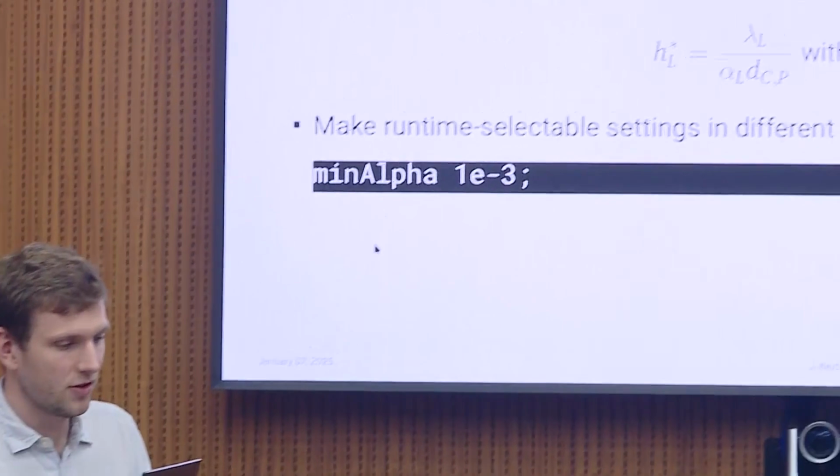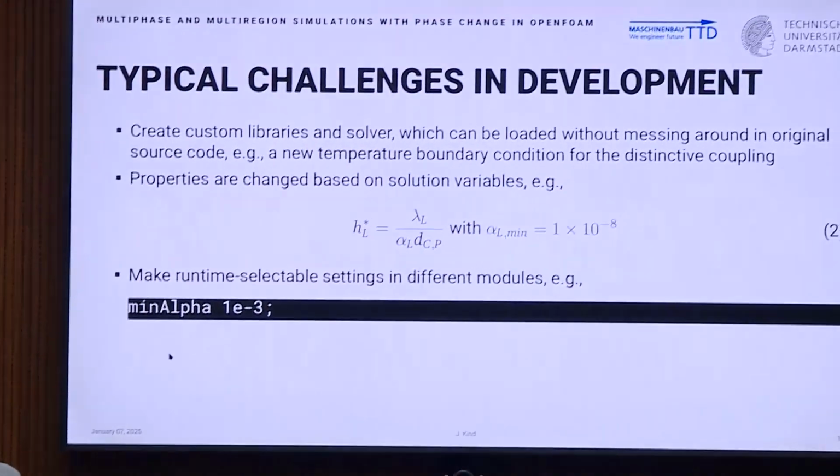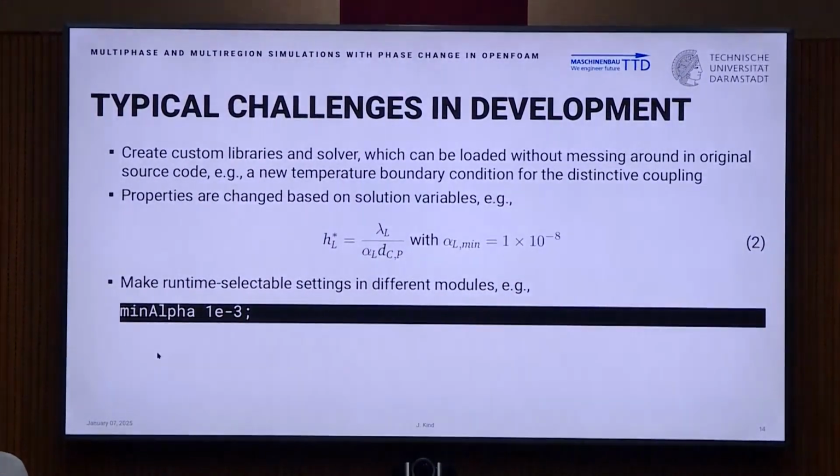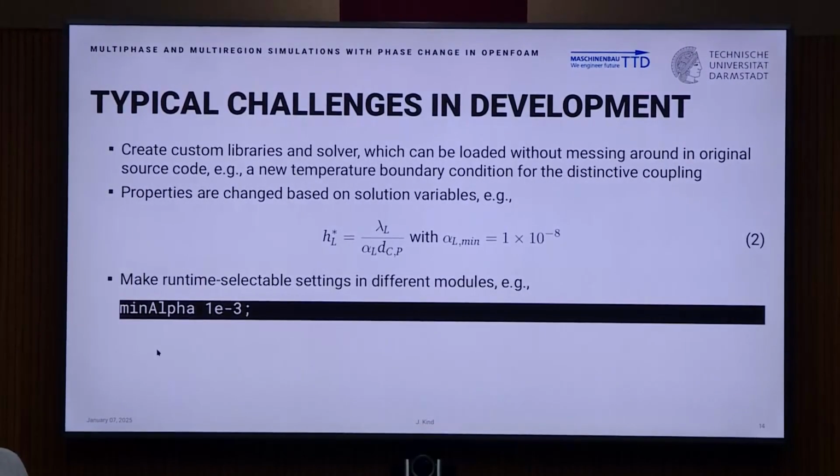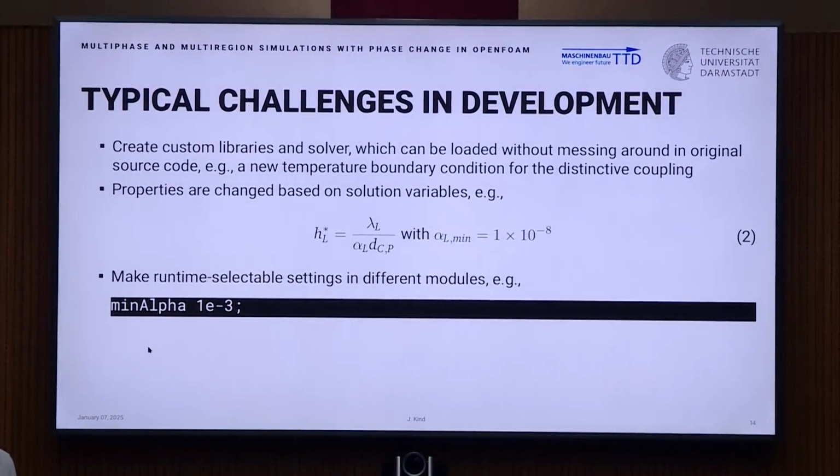What I heard and what I encountered myself are these typical challenges which you have when you develop models or solvers in general and in OpenFOAM. The first one is you should never mess around in the official OpenFOAM source files. Don't change them.